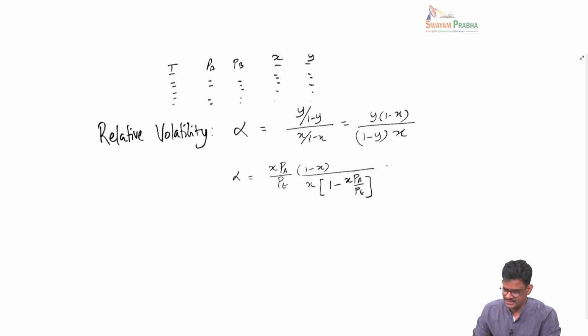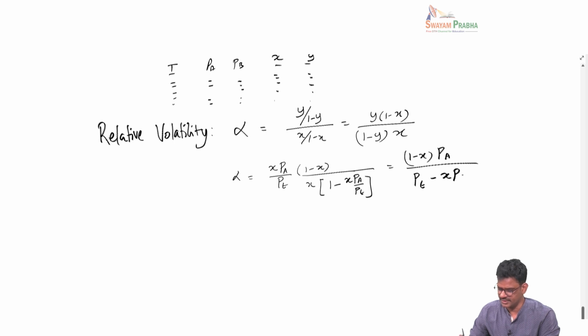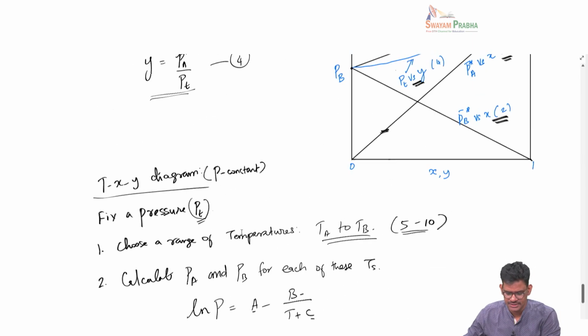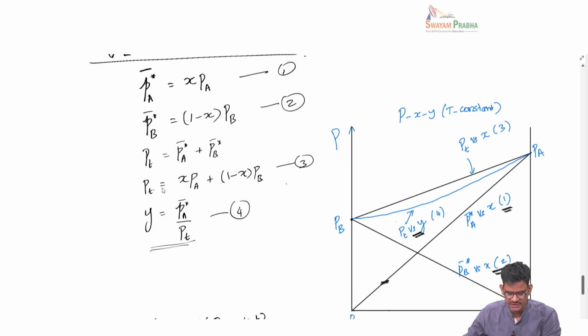So I can cancel x here, so I will have 1 minus x times PA, and I can take PT inside, I will get PT minus x PA. So what is this PT minus x PA? Look at your equations. We have written PT is equal to x times PA plus 1 minus x times PB.